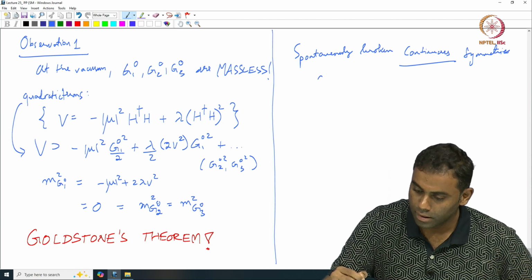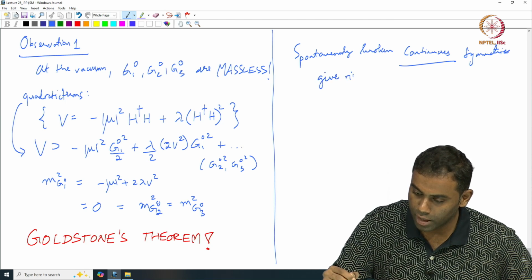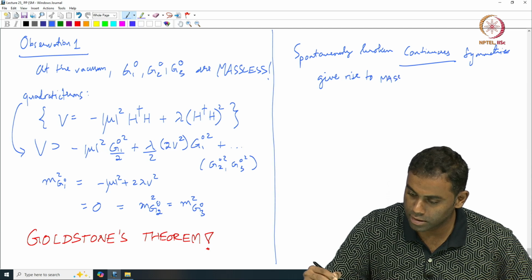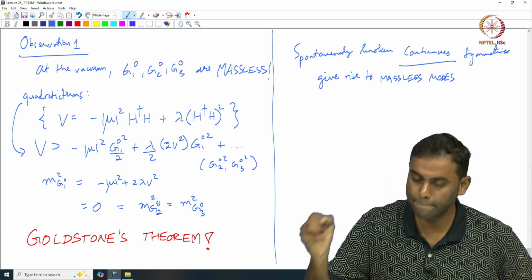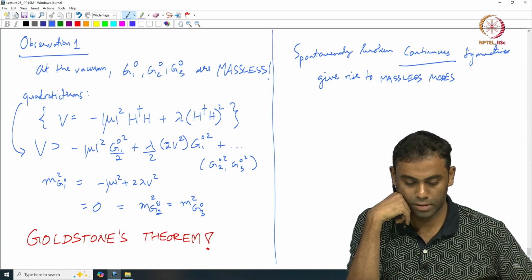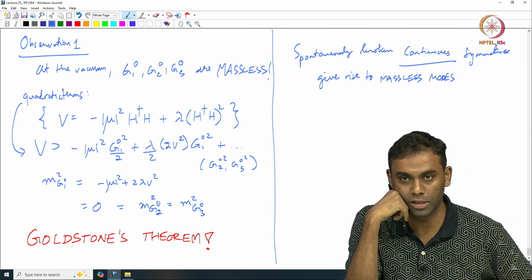give rise necessarily to massless modes, okay. So, this is not specific just to the potential that we are talking about.